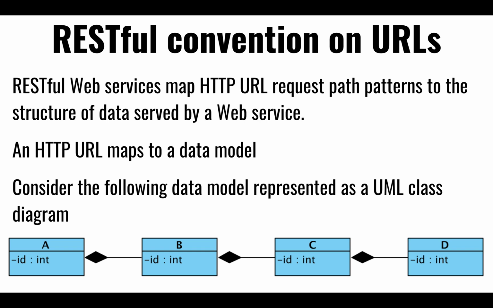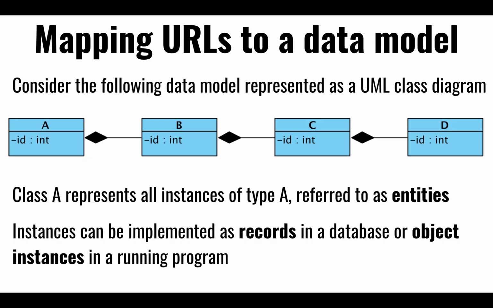So the idea is that each one of these instances of objects would have a unique identifier, unique within that data set. Every instance of A has a unique identifier. Every instance of B has a unique identifier, not across A and B. So there might be one A with ID 1, and there might also be a B with ID 1, but the B with ID 1 is unique within the set of all Bs.